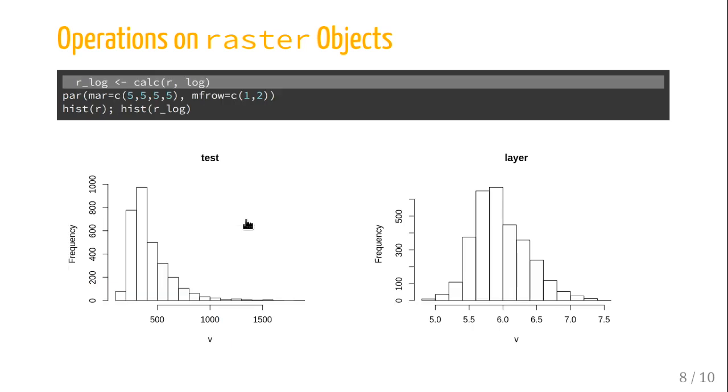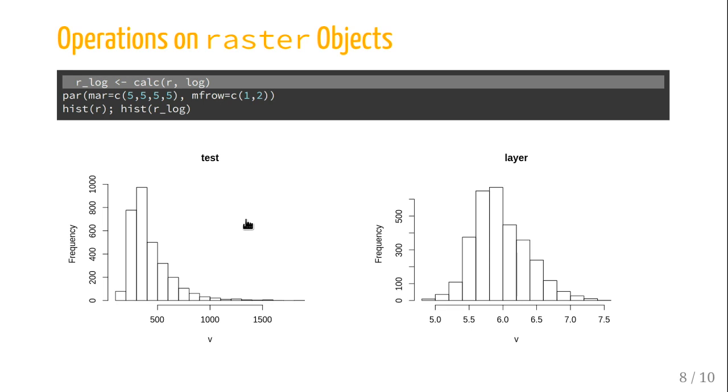A very simple example over here is there is a function called calc, which allows you to apply functions on the raster values, similar to the sapply, lapply functions that you might have seen, or the dplyr mutate functions, map functions, those kind of things. So here, if I see the plot of those values, I saw that it was right skewed, it's not normally distributed, and I just wanted to show some example for you guys.